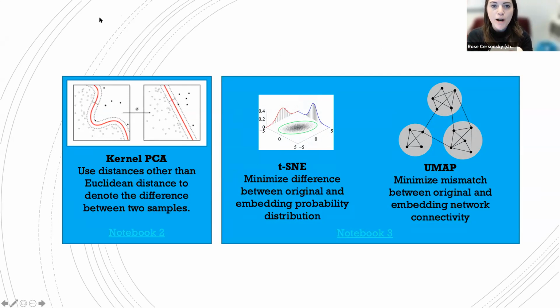UMAP. So with t-SNE, what we're actually trying to do is make a latent space projection, a reduced dimension space that represents the original probability distribution. And so with this, what we essentially are doing is we're trying to say, where are things in space and how well can we represent that?